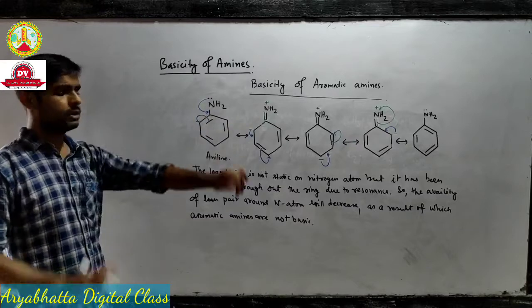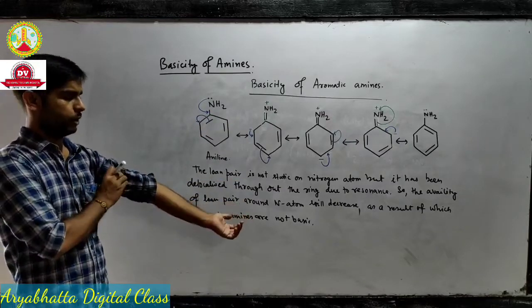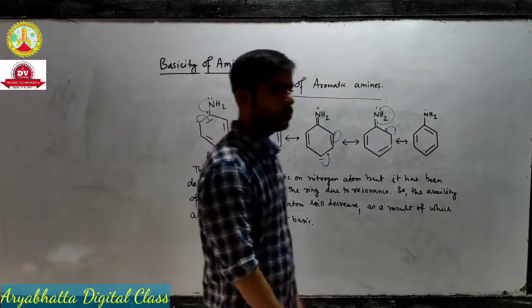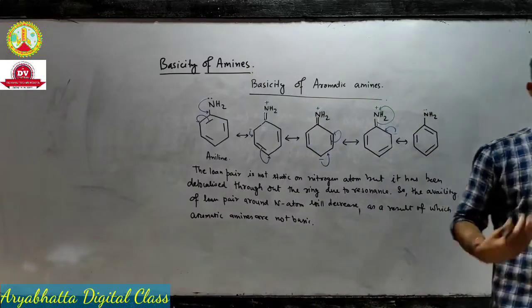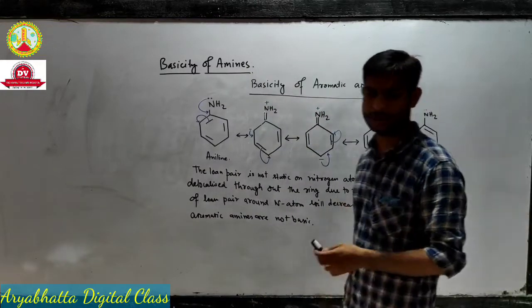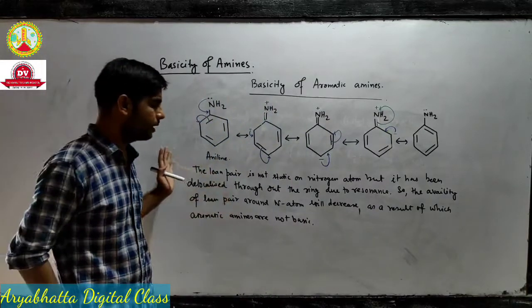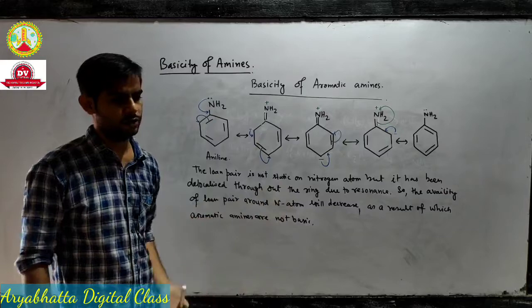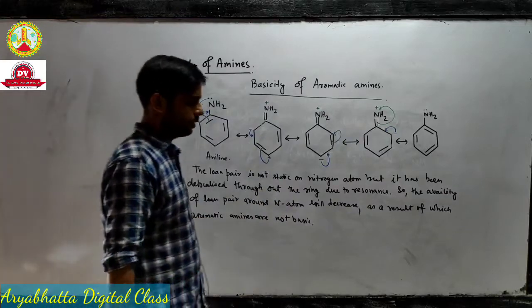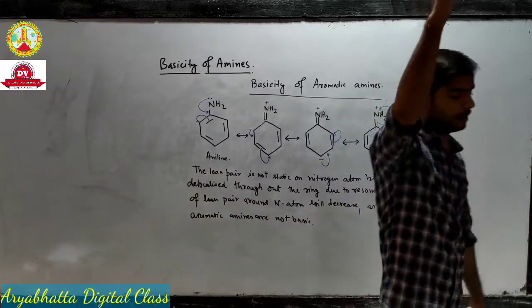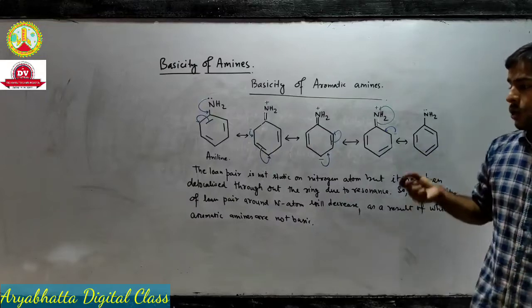Okay, so I wrote this answer purposefully. Last time in your first class test, I gave you a question to explain why phenol is acidic in nature, and most of you have just written 2 or 3 lines. So this is not how you explain a reason.